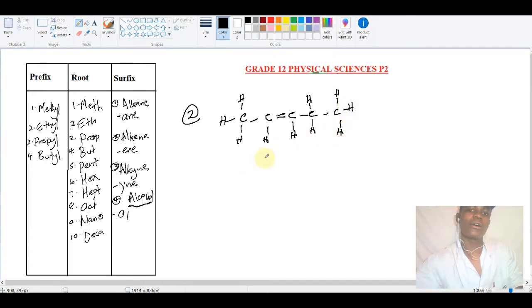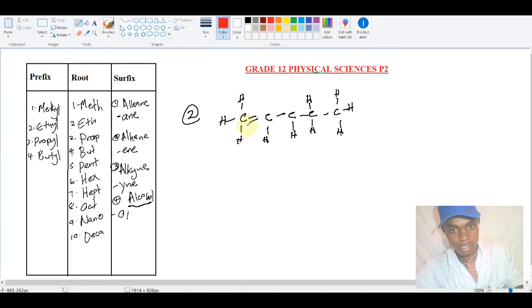Now look at this particular compound. I want to just shift this bond. We'll come back to this one, but I want us to note something here. Let's say the bond here is on the first carbon, right? First thing we do, identify the longest chain that will give us the root.